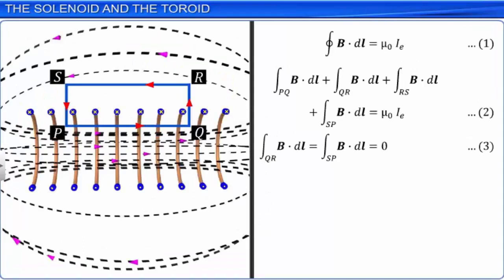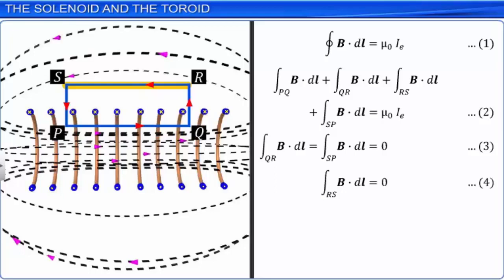Alternately, if we choose the Amperian rectangular loop such that its breadth is much greater than its length, the line segment RS becomes very far from the solenoid. Hence, the magnetic induction due to the solenoid at the segment RS is 0. Thus, the integral over RS of B dot dl is also equal to 0. Let this be equation 4.